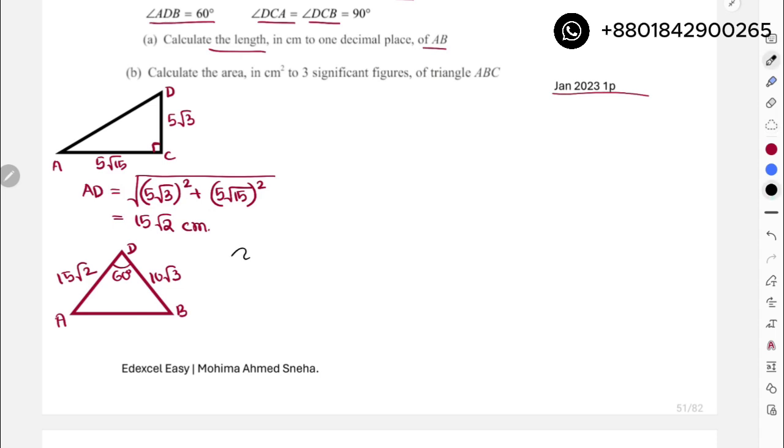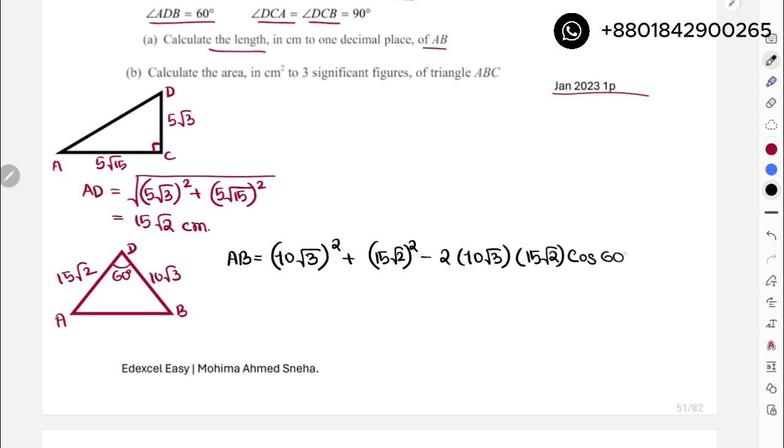For AB, we're using the length formula for the cosine rule, that is the square root of 10 root 3 whole squared plus 15 root 2 whole squared minus 2 times 10 root 3 times 15 root 2 times cos 60 degrees, and everything over here will be under the root, right?